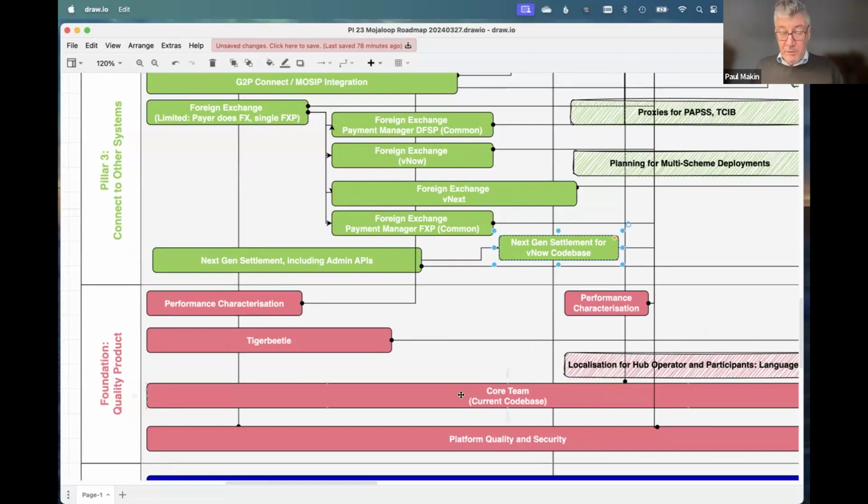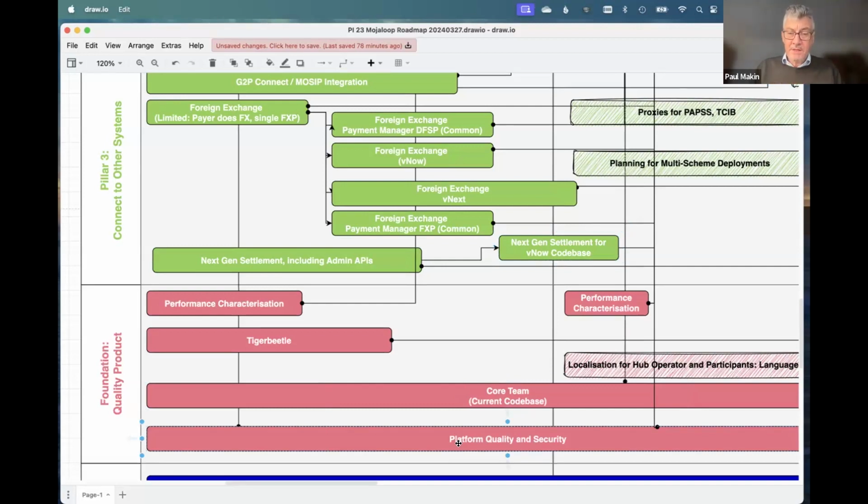Core team, you've heard them talking today. That is a very important element of maintaining the integrity of the Moduloop code base for VNow and VNext, and I expect that work stream to continue for the foreseeable future. And similarly, platform quality and security.